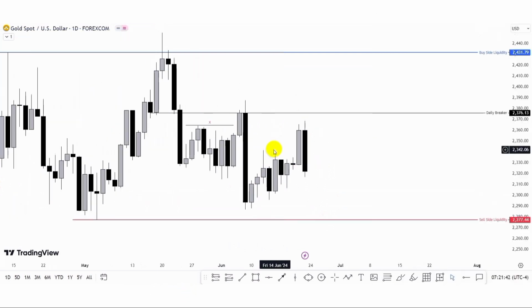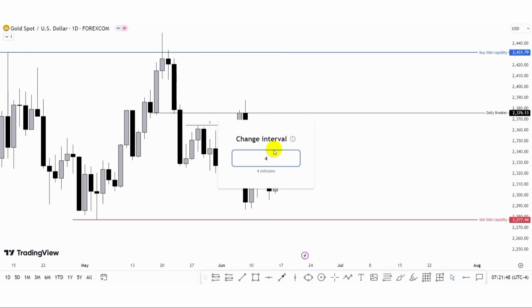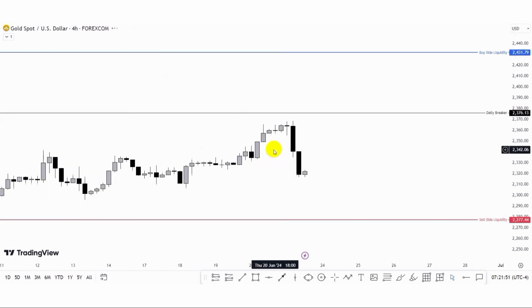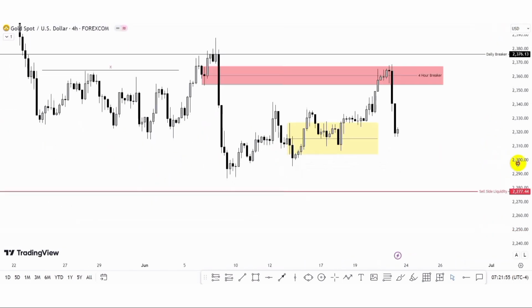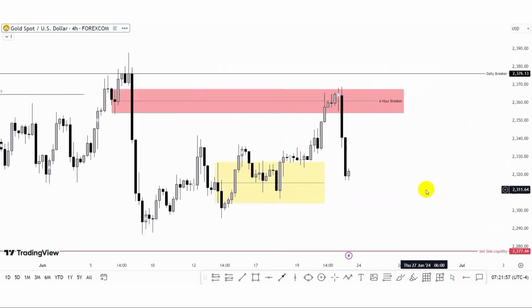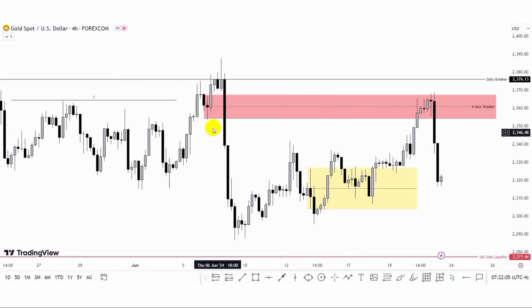So when we drop to the 4-hour time frame, we're going to see what we actually saw and then how we were expecting price to deliver. Now you can see from the 4-hour time frame, when this analysis was conducted, we saw price reacting here. So we expected to see price return into this breaker zone, because this is the sell move, as also the buy move that took out this high point.